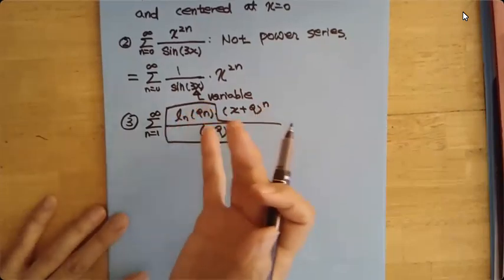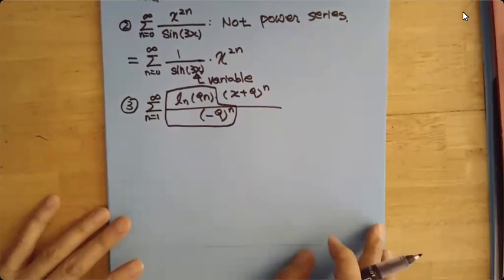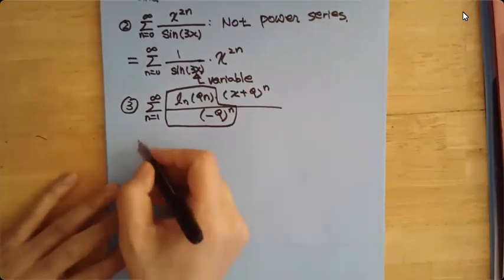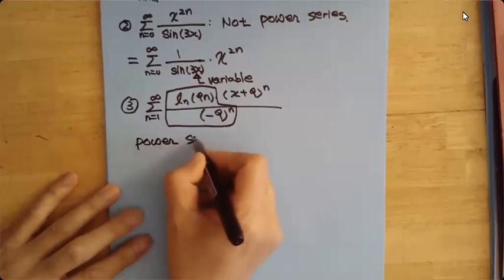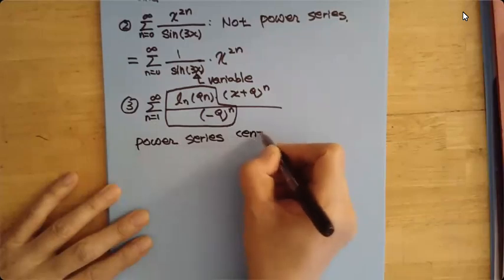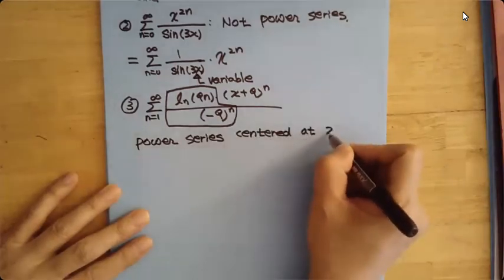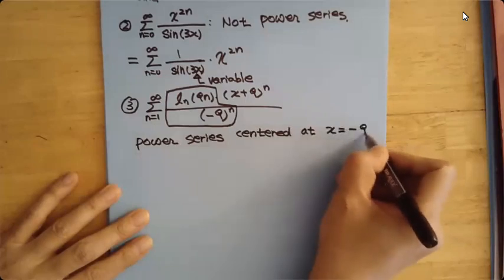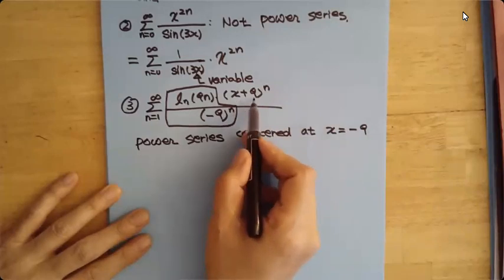So those qualify to be the coefficient in the power series. So this one is a power series centered at x equals negative 9. So be careful, the center is not 9.